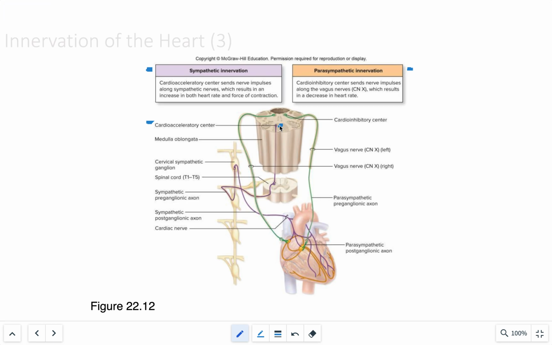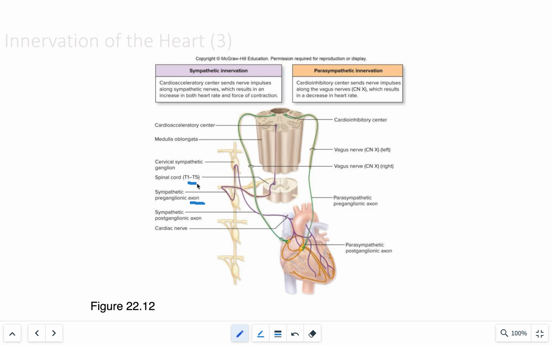So the initial cardioacceleratory centers are coming from the spinal cord. The steps are that the spinal cord is going to contribute first to the sympathetic preganglionic axon. These are located anywhere between T1 and T5.